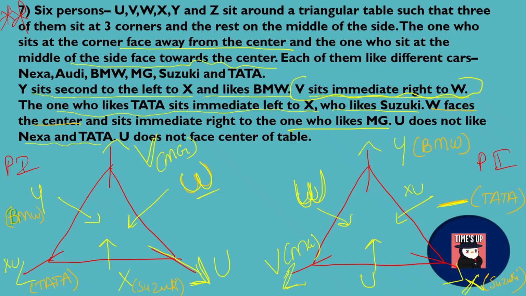U does not face the center of the table, they have given. So here, if I place U, this is facing the center of the table. That means possibility 2 goes wrong. Go with possibility 1 now.